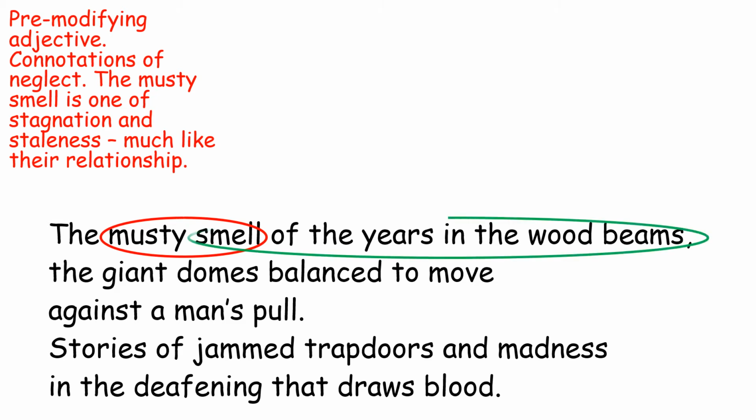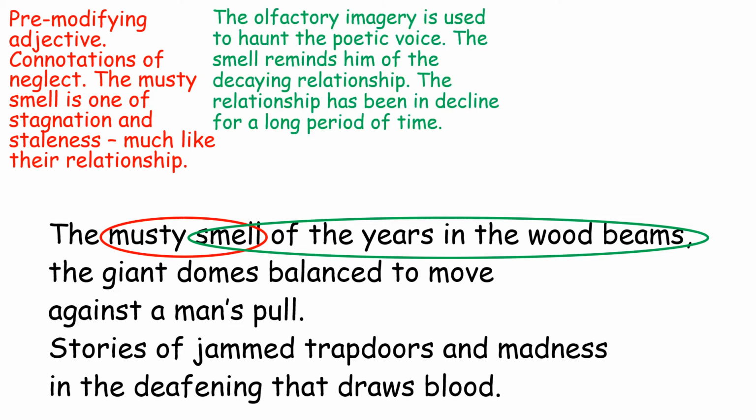We then have the phrase, the musty smell of the years in the wood beams. Now here we get a piece of imagery that I would like to define as olfactory imagery. Olfactory imagery is imagery associated with the smells. And I think that is used here to haunt the poetic voice. Much like in Emyr Humphreys' poem, he was haunted by the memory of his father, and he couldn't touch his father, he couldn't regain a relationship with his father, and he couldn't bring his father truly back to life.